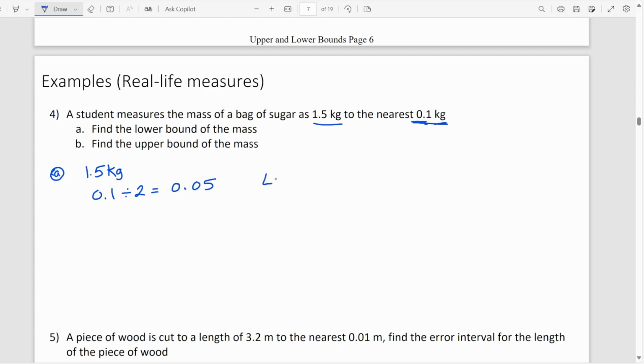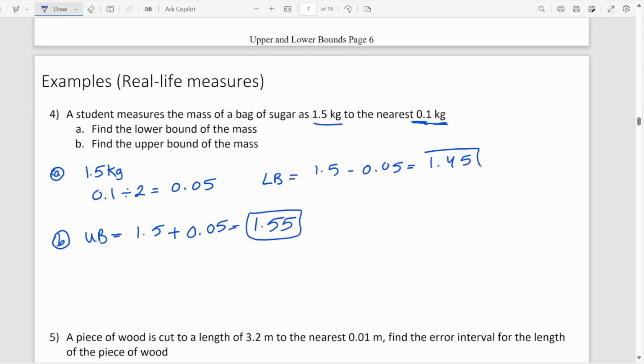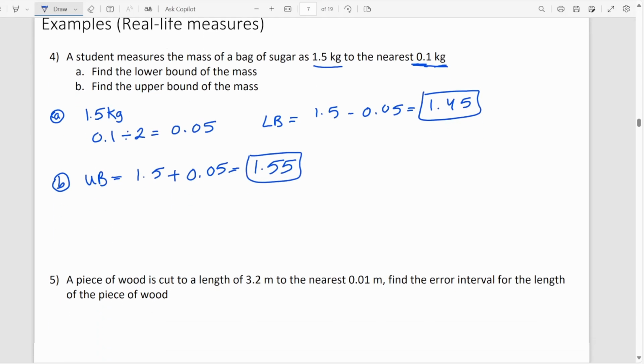Now the lower bound is 1.5 minus 0.05, which is 1.45. And the upper bound will be 1.5 plus 0.05. We get 1.55. Okay, so this is the upper bound and this is the lower bound.